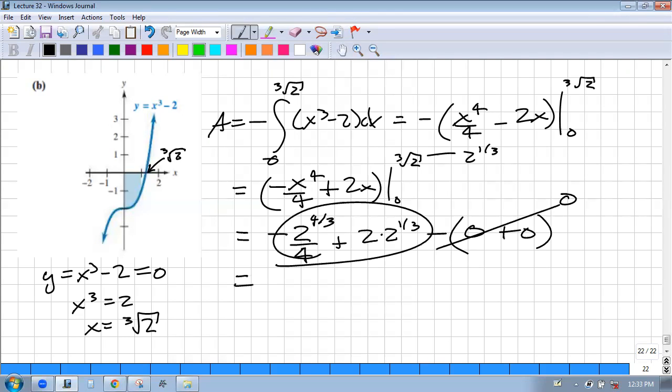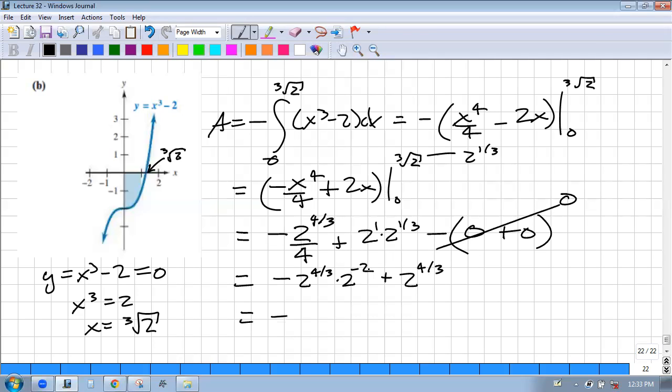So let's simplify this stuff. I have a negative 2 to the 4/3. 4 is 2 squared. This is really 2 to the 1st. So 2 to the 1st and 2 to the 1/3, that would be 2 to the 4/3. Let's see. 2 is 6/3, right? 4/3 minus 6/3, negative 2/3, right?